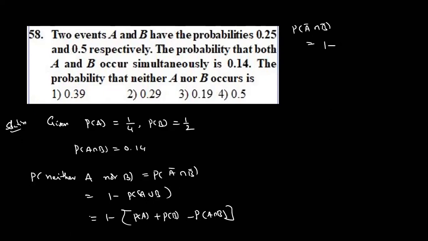So 1 minus, 0.25 plus 0.5 minus 0.14. How much is coming? Tell me, anyone? So 0.75 minus 0.14 is 0.61, and 1 minus that is 0.39. So the option is here.